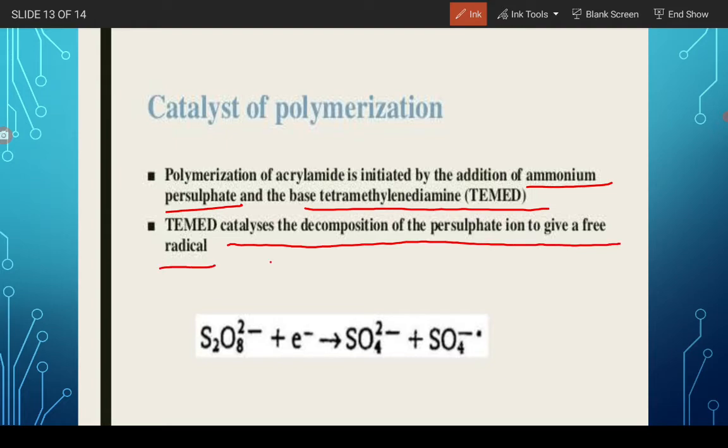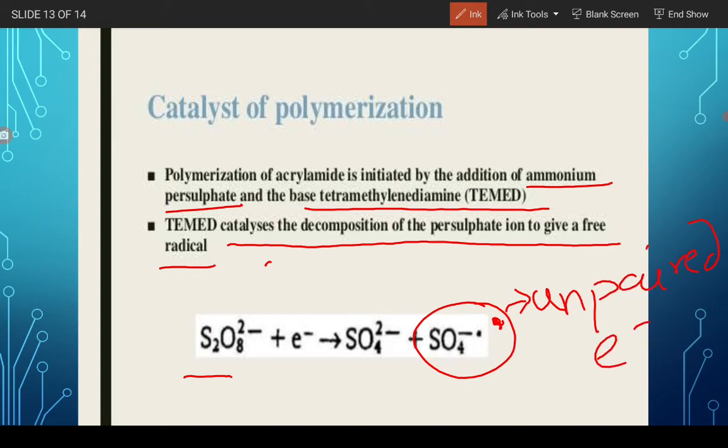So we add TEMED and something like this happens. A free radical is generated, and this dot-like structure shows an unpaired electron. These are very highly reactive structures. So this is how the catalysis occurs.